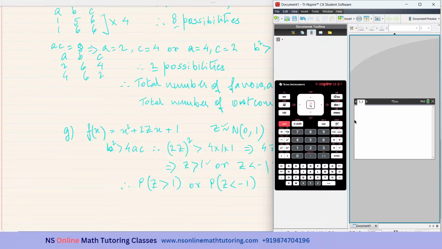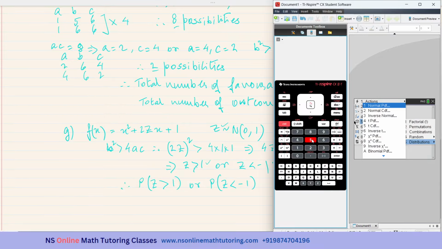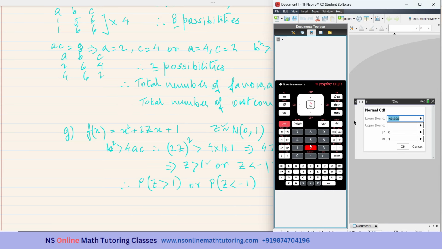I have to go to menu, and then it is either probability or statistics. I'm choosing probability, number 5, and then distributions, number 5 again, and it is the normal CDF. Normal CDF, not normal PDF, so number 2.